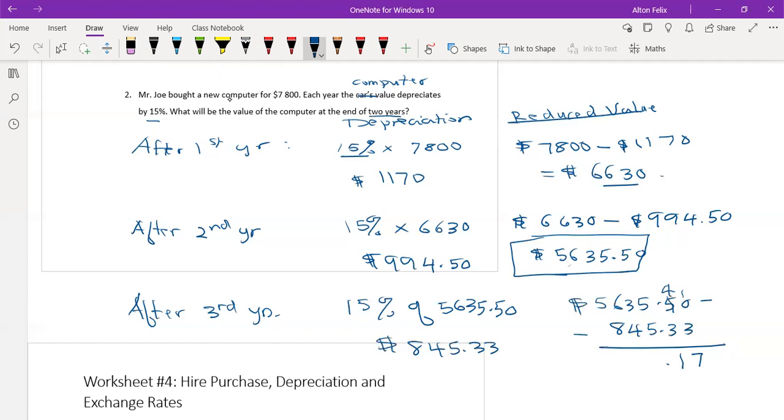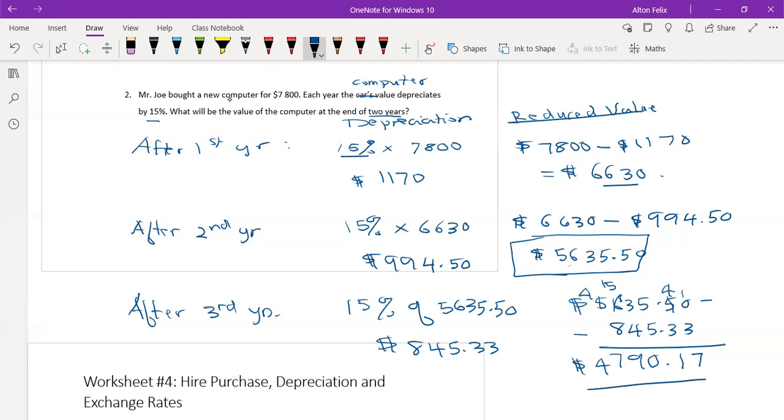710, right, 550. Let's borrow 1 here, that goes to 5, 13. 4 from 13 is 9. Let's borrow 1 here, that goes to 4. Let's put 1 here. 8 from 15 is 7, and let's just bring down the 4.